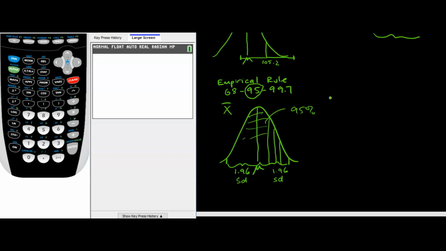So let me write that down. I'm going to say mu is within 1.96 standard deviations of the sample means 95% of the time.